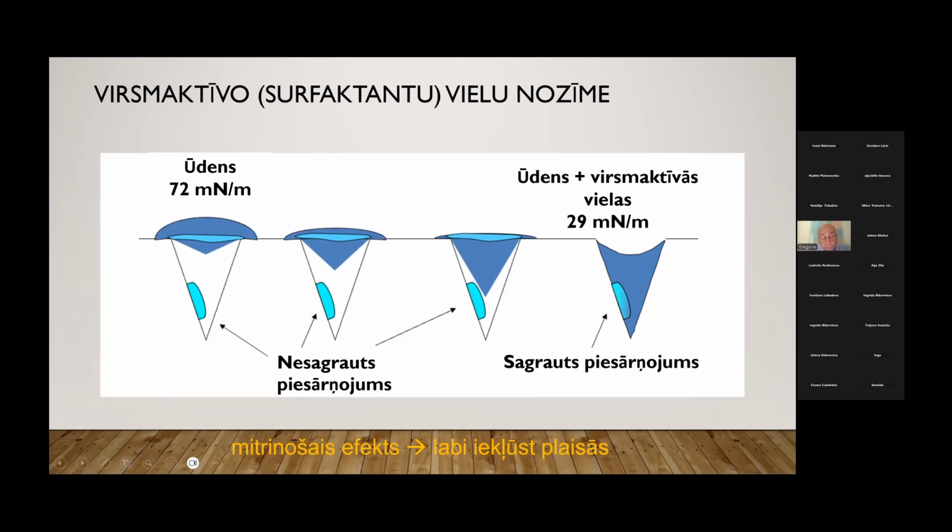So one important part is that when we use detergent disinfectant, we always put some surfactant inside in order to fill all the cracks and avoid such a situation. This is what we call the wetting effect.